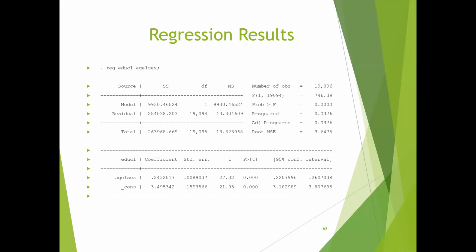So every time you increase age at first sex by 1 year, you also increase future educational attainment by 1/4 of a year. Your line is going to start at 3.49 and increase from there.